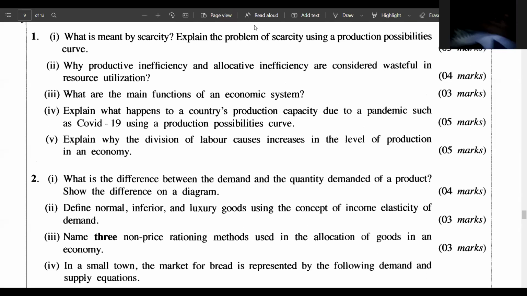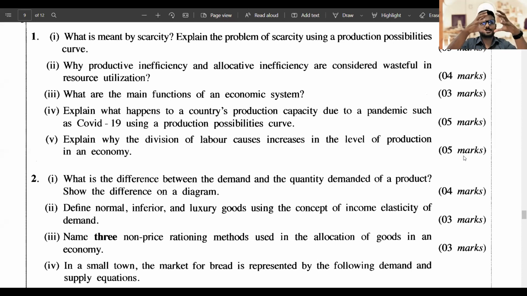Okay, and allocative inefficiency means, I told you, resources allocated in the best way the society wants, that is allocative efficiency. If resources are allocated not in that manner, not in the best way the society wants, that means resources are wasted again. They are allocated more than what's required or less than what's required.